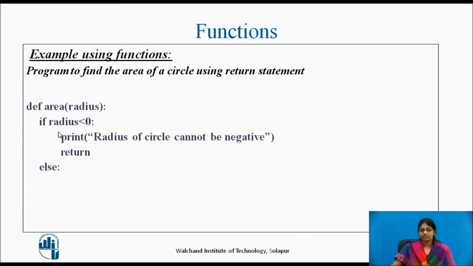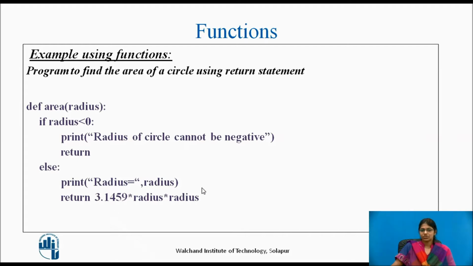If the radius entered by the user is not lesser than 0, in that case it will execute the else block. In that case, it first prints the radius which has been taken from the user, and the area of the circle is calculated using this formula, 3.1459, that gives the pi value, into radius, that is nothing but pi r square.